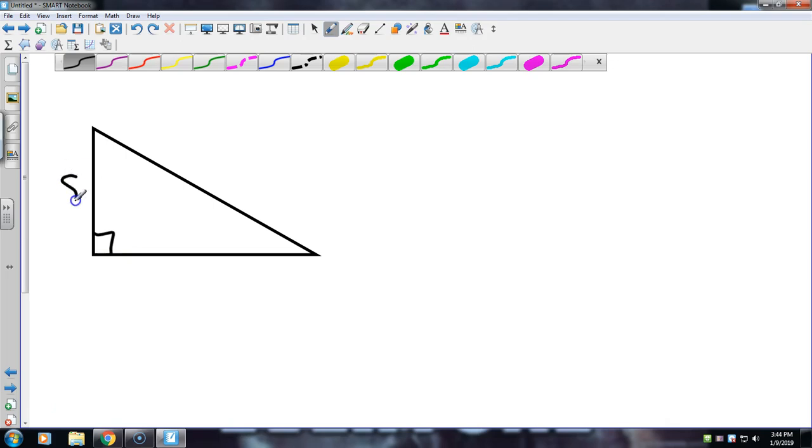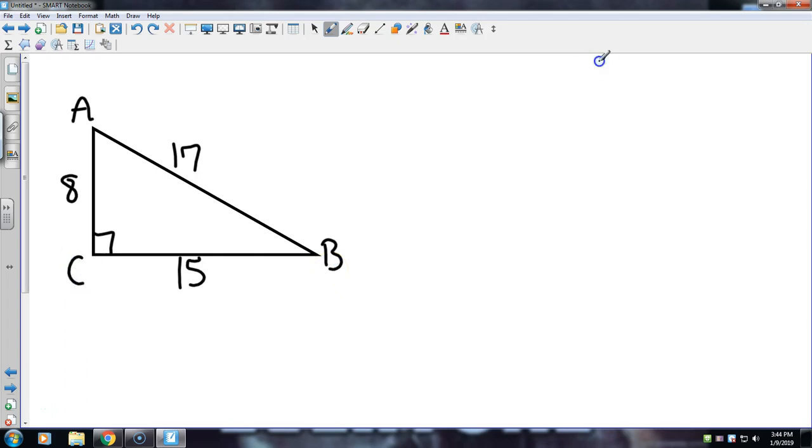So that's going to be the smallest side. 8, 15, and 17. And let's label this ABC. So A, B, C. So here's all the things we can find.